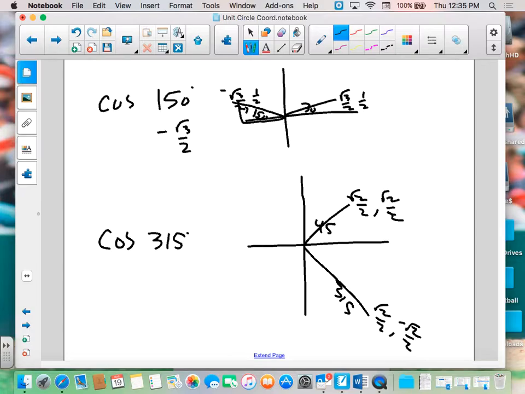And I don't care because cosine goes with the x value, so I was going to use this first value. This cosine goes with the x value, which is root 2 over 2. You're going to see some real shortcuts. If the number ends in 5, your answer is going to most likely be root 2 over 2. If it ends in a 0, it's going to be a 30, 60, 90. Your answers are going to be 1/2 and square root of 3 over 2.